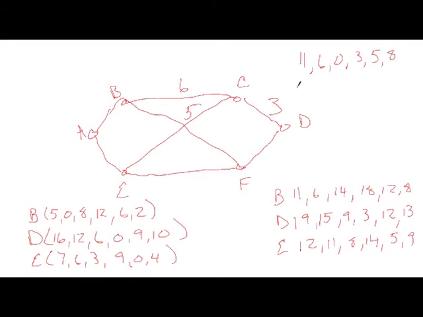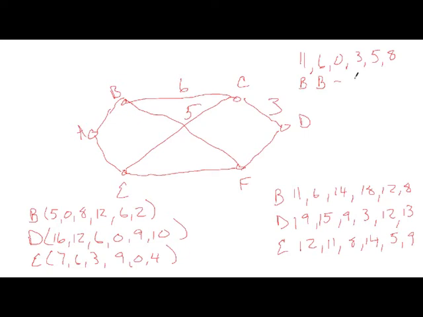And then what are the routes, right? So 11 came from B. 6 is also B because it's a direct link. There's nothing in C because we're not routing anywhere.